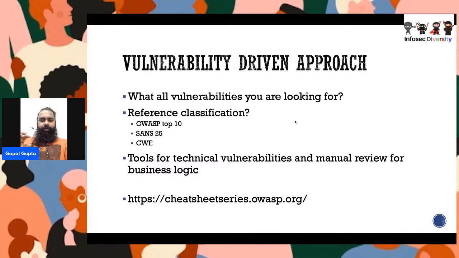So that whenever you're doing this kind of vulnerability driven approach, when you're using these tools, you know that such kinds of validations or controls are implemented at this level. The other example of this is, let's say you have some kind of microservices, and you are scaling the microservices as an individual microservice, and because your automated tool has failed to identify a certain kind of session management or authentication, what will happen?